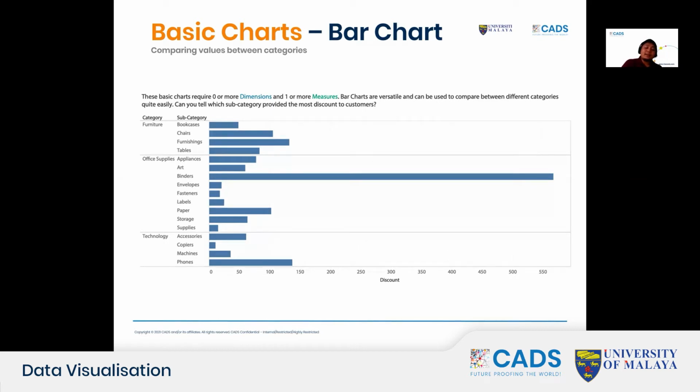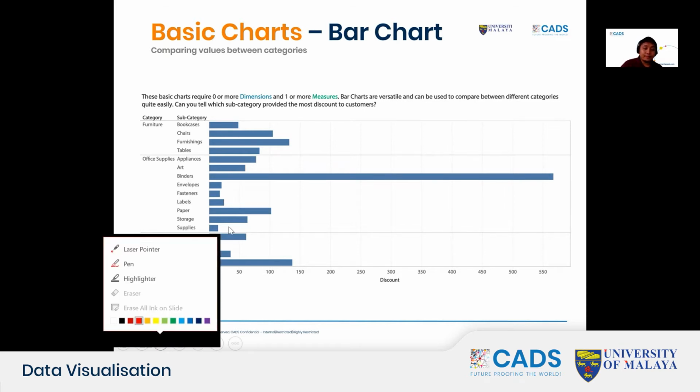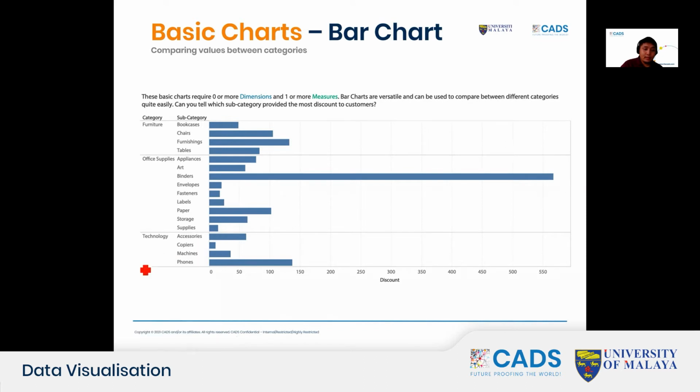The important key in a bar chart is that the bars must share the same baseline, and the most ideal baseline would be starting from 0. Starting from 0 is a critical baseline for any bar chart.